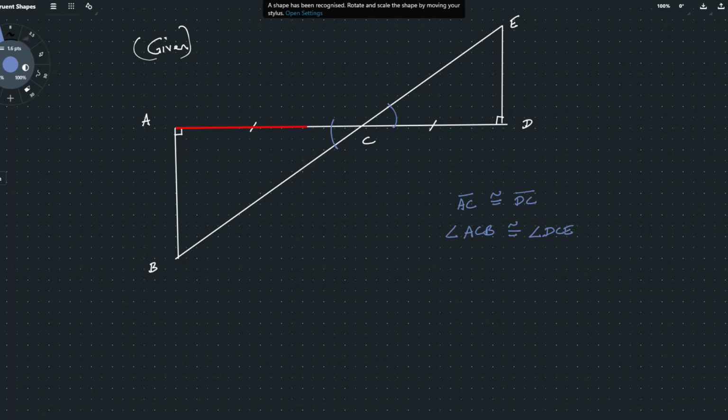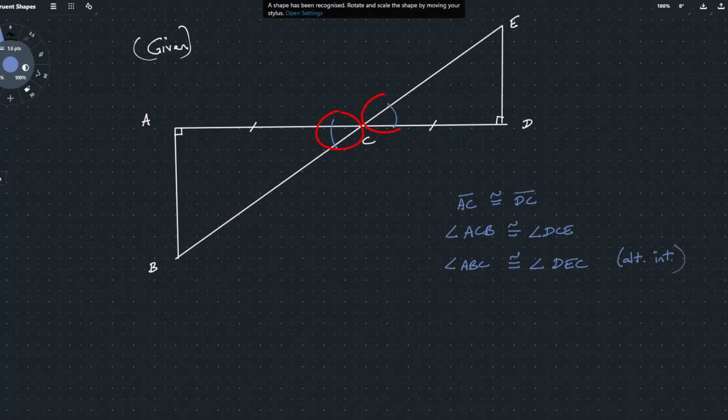If this line comes in and this is perpendicular, then I can also say angle ABC, so right here, is going to be congruent with angle DEC right here by means of alternate interior angles.